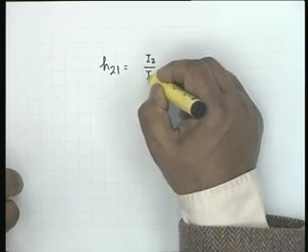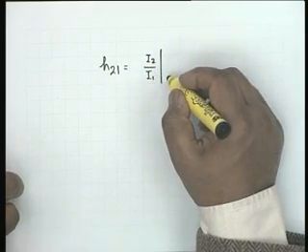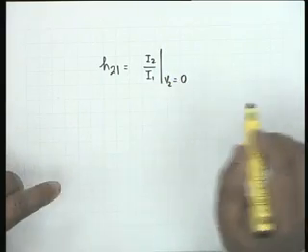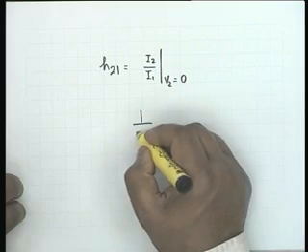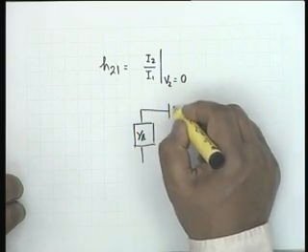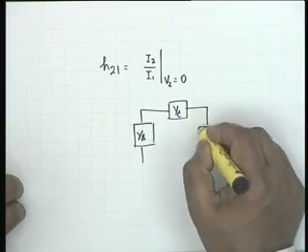Now to find out H21, H21 is by definition I2 by I1 with V2 equal to 0. So let us see, we have YA, we have YC and we have YB.